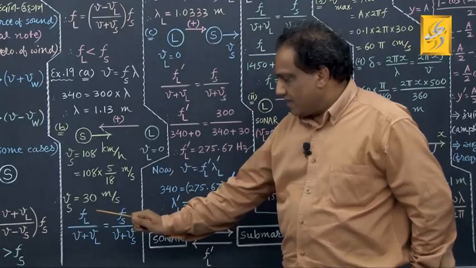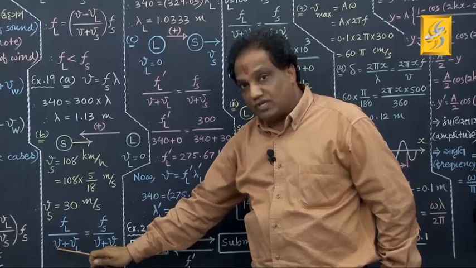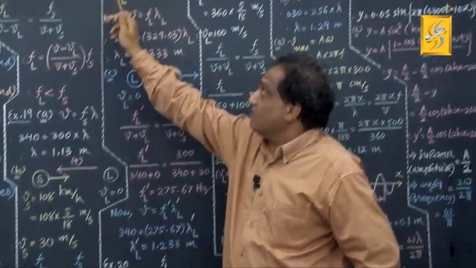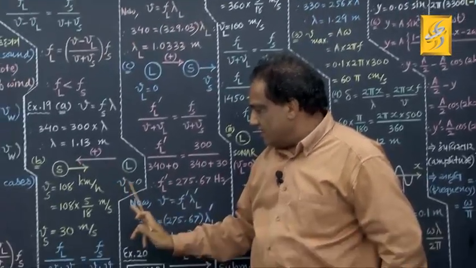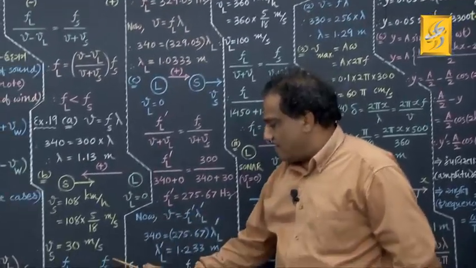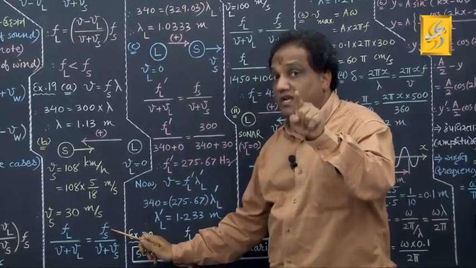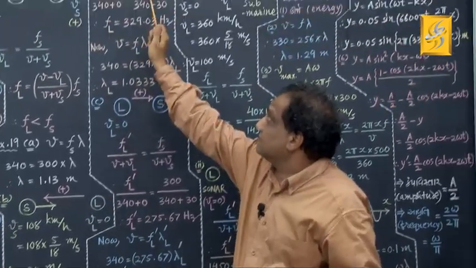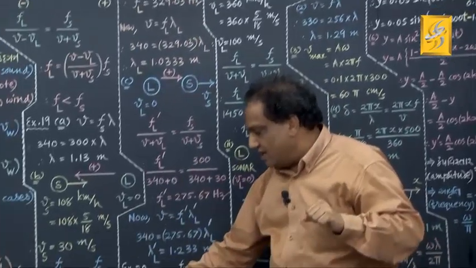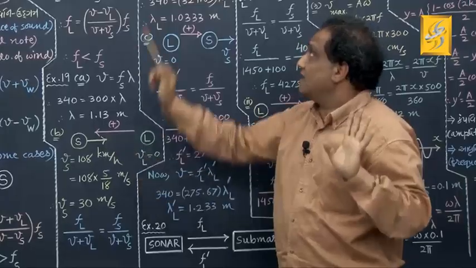Come on. FL we want to find out. V is the velocity of sound, they have given 340 meter per second. VL is 0, put VL equal to 0. That equals Fs, the frequency of sound generated from the source, they have given 300 hertz, divided by V, the velocity of sound, 340 meter per second.